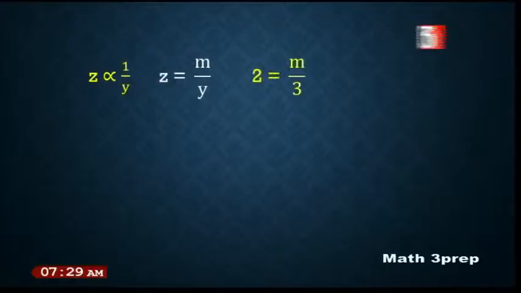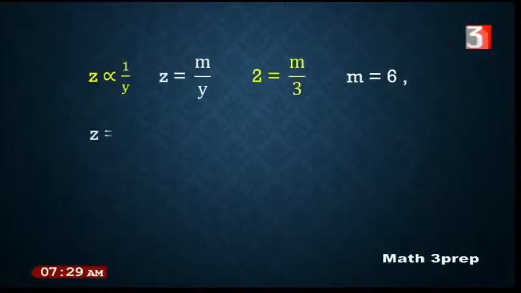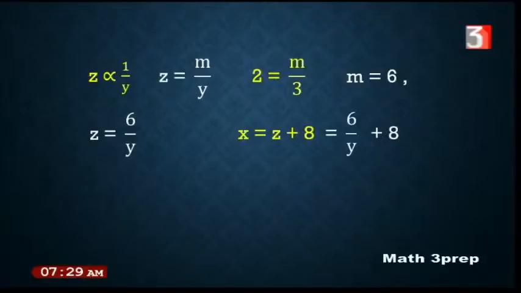As z equals 2 when y equals 3, by substituting, 2 equals m over 3. And by making cross multiplication, m equals 6. Then we can say that z equals 6 over y. And by substituting for the value of z as 6 over y, we can say that x equals z plus 8, so x equals 6 over y plus 8.